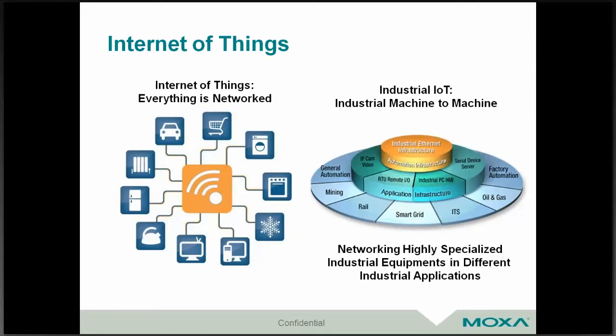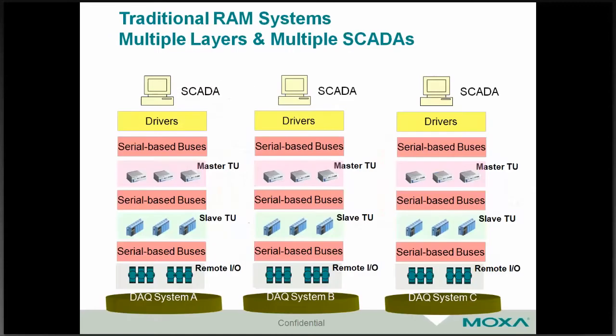How can we marry the IT ideas of networking with traditional automation languages like Ethernet IP and Profinet? That's the common challenge that we see in the industrial Internet of Things, right?